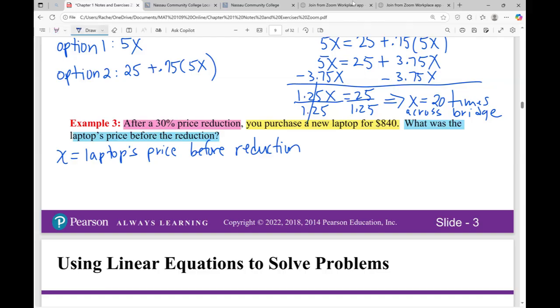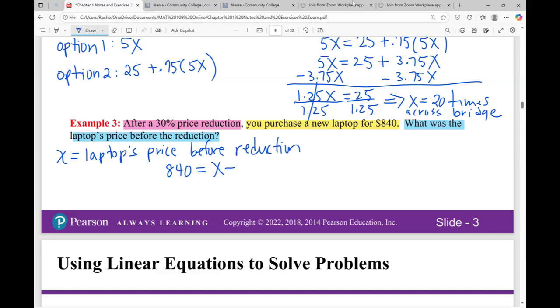So let's set up an equation. That 840 that we paid was the original price before reduction, which was x dollars. We don't know what it is. That's what we're trying to figure out. Minus a 30% reduction in price, so minus 30% of the original price, or 30% of x.